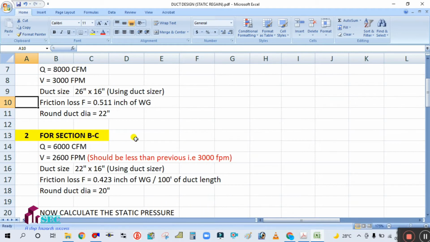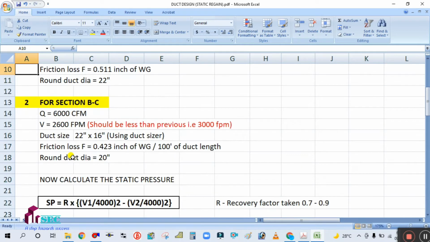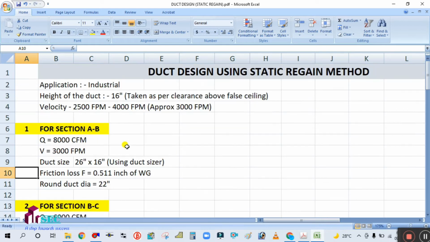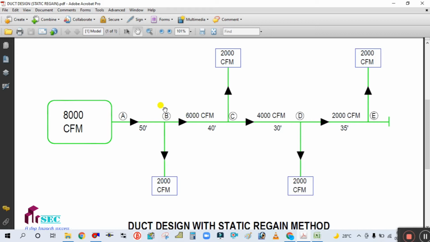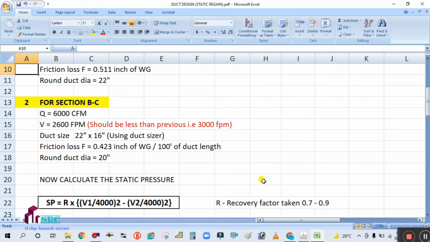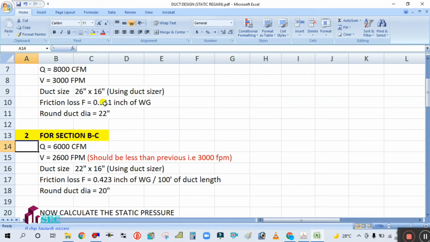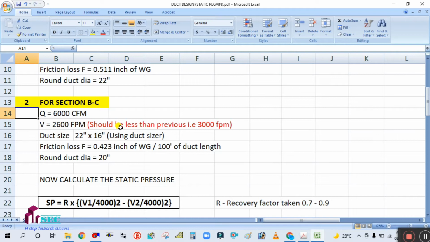The static regain method will start from the second section. The first section is the velocity method. For the section B to C, how much is the CFM? It is 6000 CFM, so the flow Q is 6000 CFM, and the velocity is 2600 feet per minute. We assume it should be less than the previous. The previous velocity was 3000, so I am now assuming 2600 feet per minute.